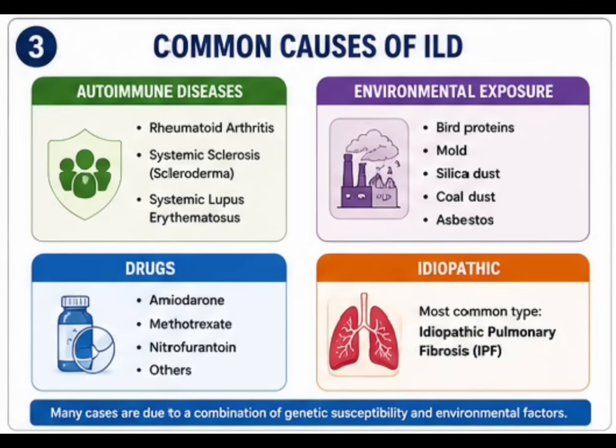The drugs include amiodarone, methotrexate, nitrofurantoin, and there are some other drugs. And idiopathic causes are idiopathic pulmonary fibrosis, which is the most common type. So many cases are due to the combination of genetic susceptibility and environmental factors.